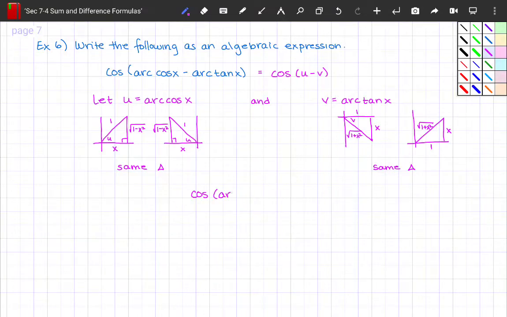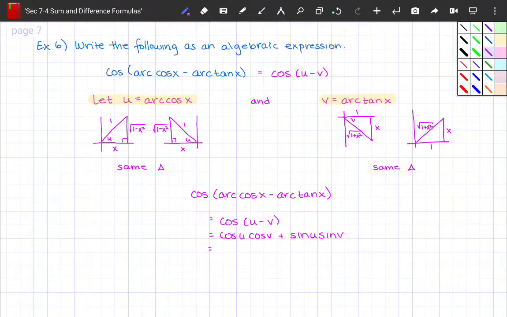let's just do it. So we started with cosine of arc cosine x minus arc tan x. And because I did define what u and v are, I can rewrite this as cosine of u minus v, which is cosine u cosine v plus sine u sine v.